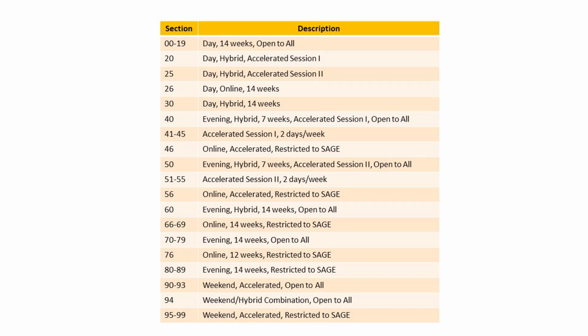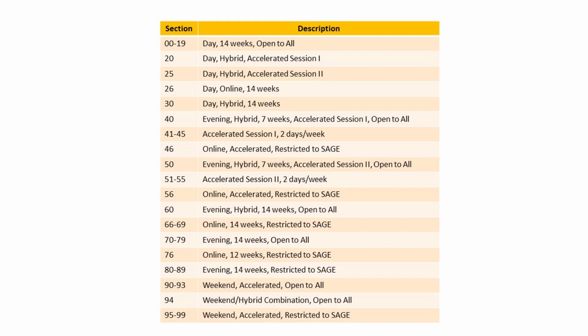There are a few important points to note here. First, the section number indicates a variety of formats for class meetings, including day, evening, online, hybrid, weekend, and accelerated. Second, section numbers indicate which courses are restricted to students in the School of Adult and Graduate Education, or SAGE.